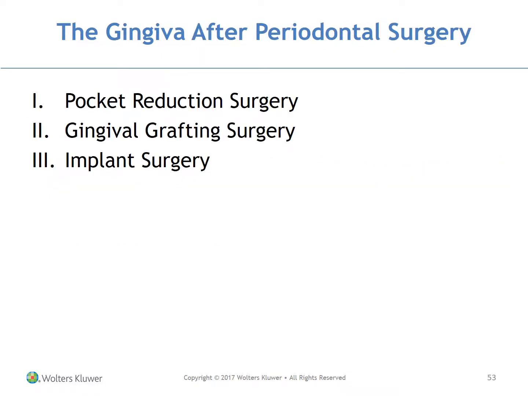All right, gingiva after periodontal surgery. This is often referred to as pocket reduction surgery, or the first one I should say is pocket reduction surgery. And the characteristic of normal healthy gingiva takes on a different dimension for the patient who has completed treatment for pockets, bone loss, and other signs of periodontal infection.